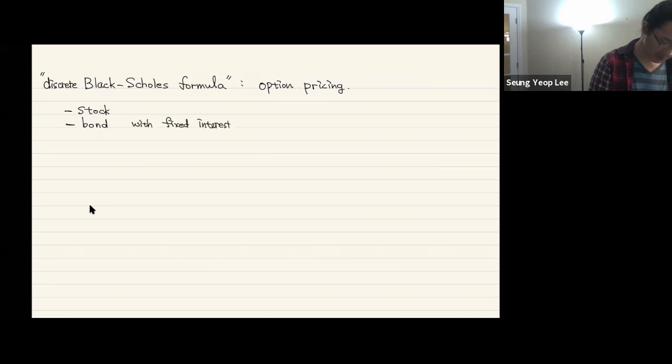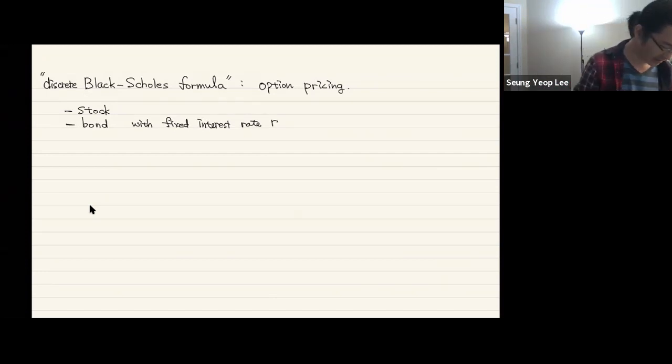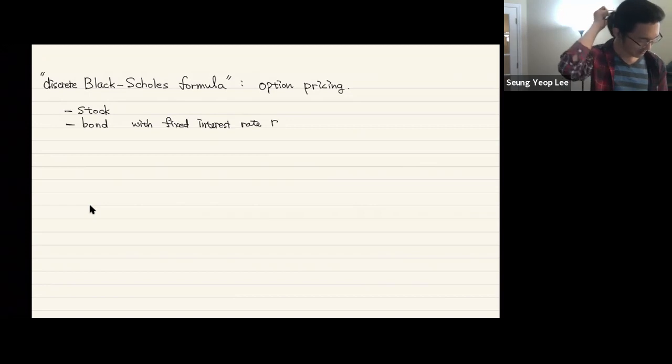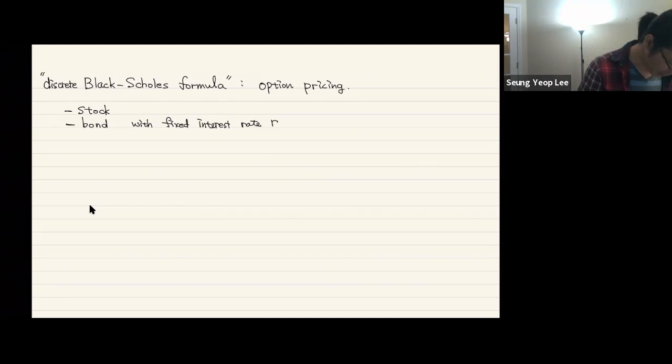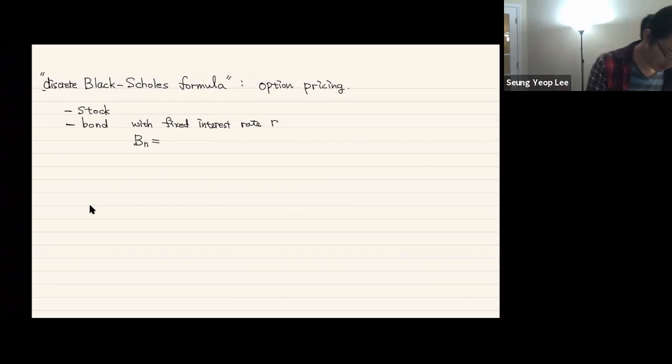We just consider this to be an investment with a fixed interest rate R. So if you put some money into the bond, your money increases by multiplying by 1 plus R. Let's consider the bond to be Bn, where n is the number of days, so I will consider the discrete Black-Scholes equation.